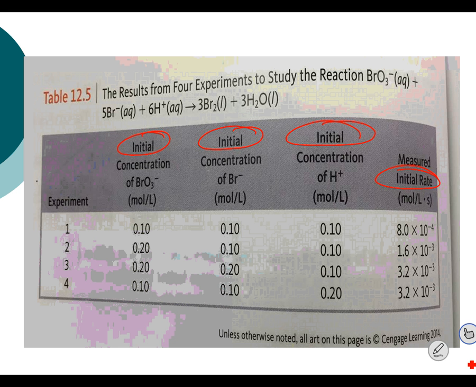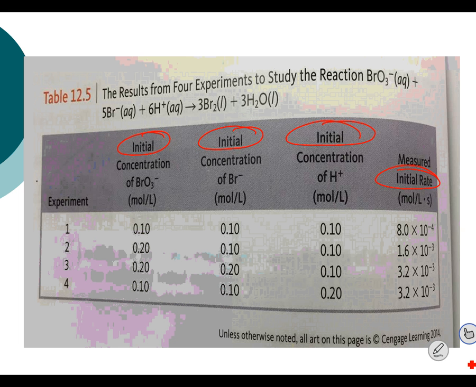And so when you see that, that tells you that this has to be the method of initial rates. And you'll notice we have our bromate, our bromide, and our hydrogen as 3 reactants, and we don't even have any product data in this one. Be careful, sometimes they're tricky and they throw some product data in.